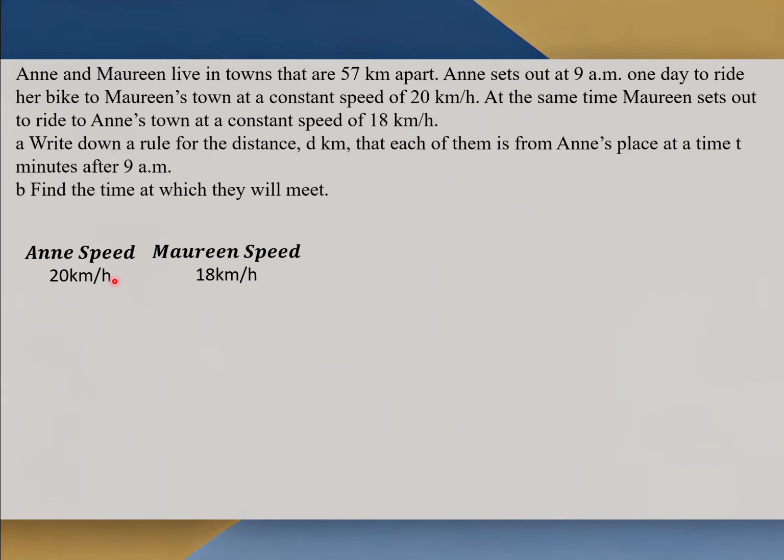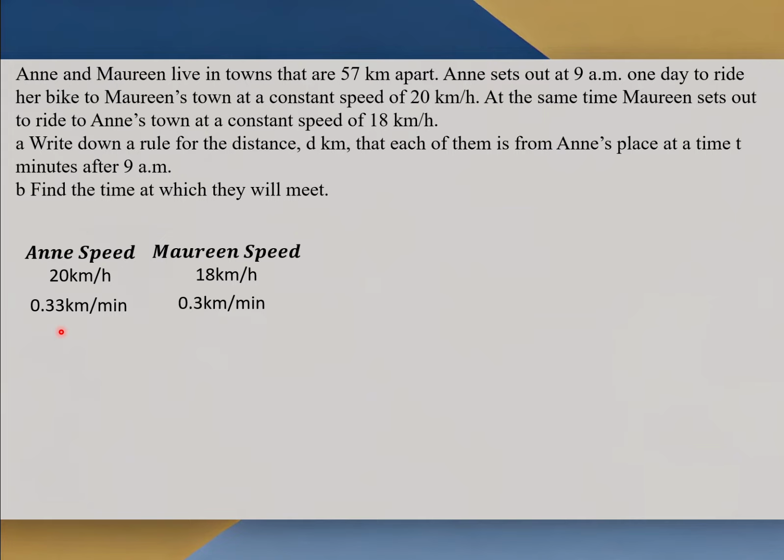Well, we know 1 hour is 60 minutes. So 20 divided by 60 will give me 0.33 kilometres per minute. And for Maureen, it will be 18 divided by 60 equals 0.3 kilometres per minute. Now, I will change this one later to 1/3 as a fraction. Otherwise, my calculations will be out.